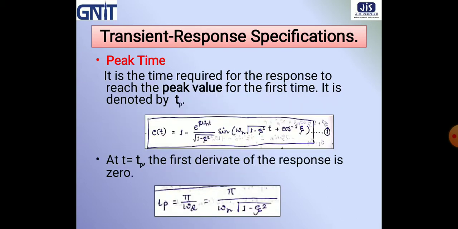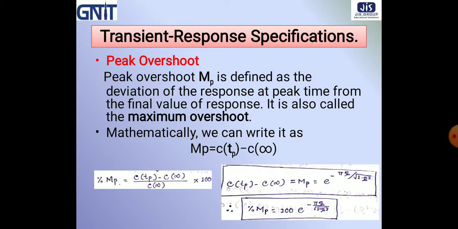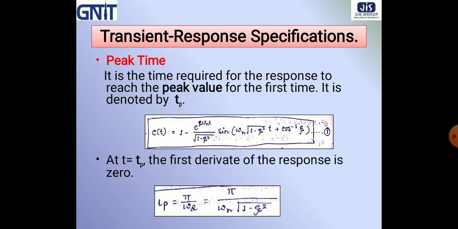Next is peak time. This is when the maximum value is reached for the first time. When the maximum value is reached for the first time, that is called the peak value. So peak time is the time required for the response to reach the peak value for the first time. It is denoted by Tp.